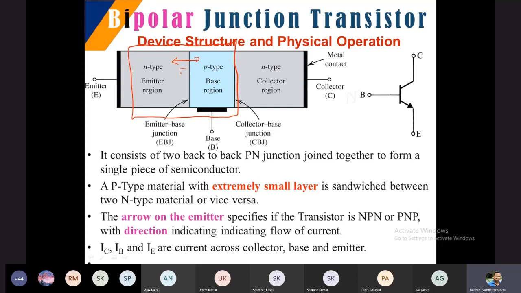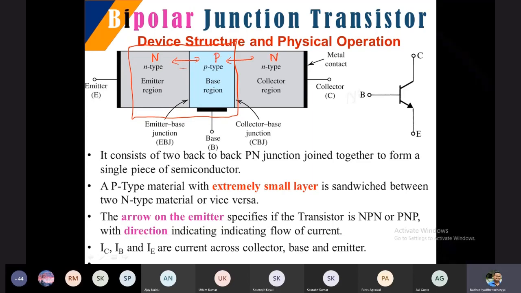Unlike the PN diode, this is an NP diode. And you can also observe that between this and this, there is a PN diode. So ideally, it is a back-to-back PN junction diode, if they are merged together to form a single semiconductor device. That will be called an NPN transistor. NPN transistor.